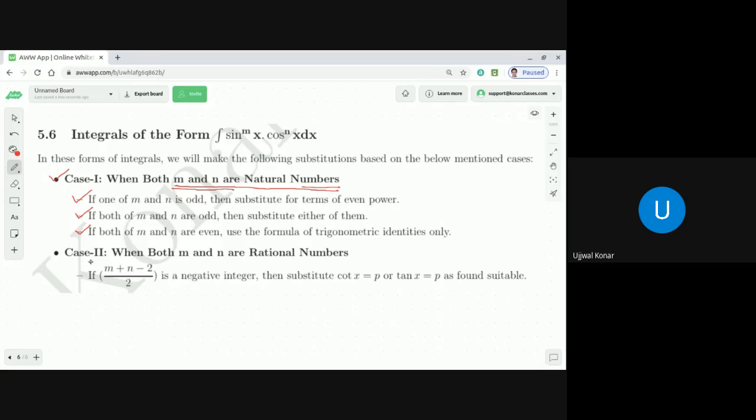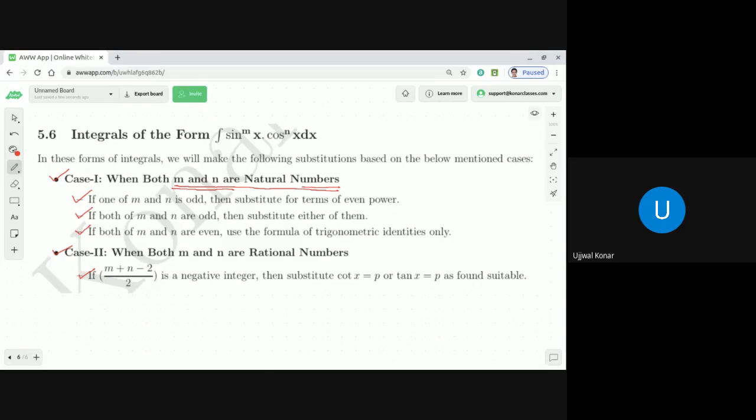Then we will find the value of m plus n minus 2 by 2. If it is a negative integer, then substitute cot x equal to p or tan x equal to p as found suitable. You can take tan x equal to p also. So this is the step for 5.6.